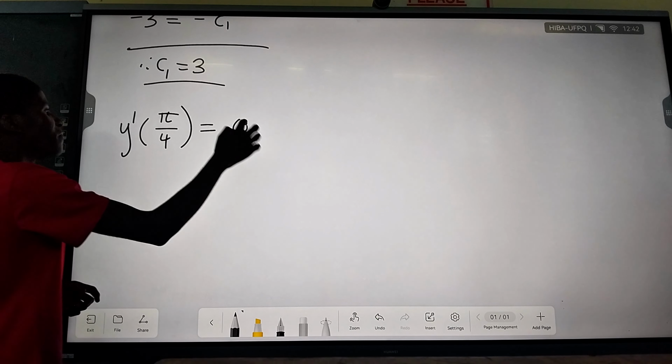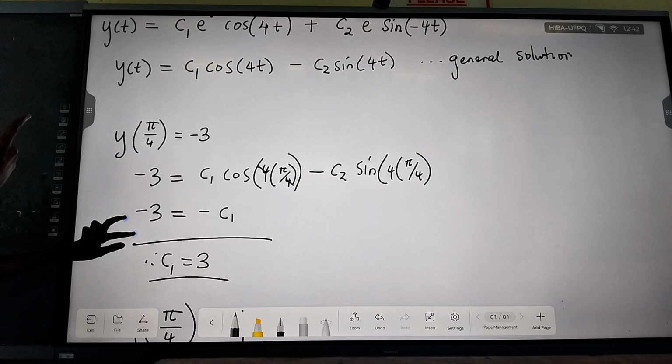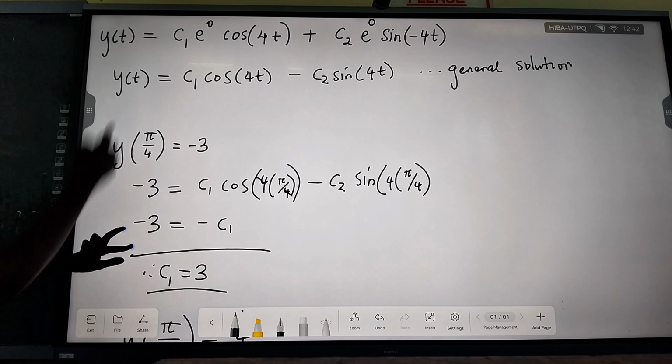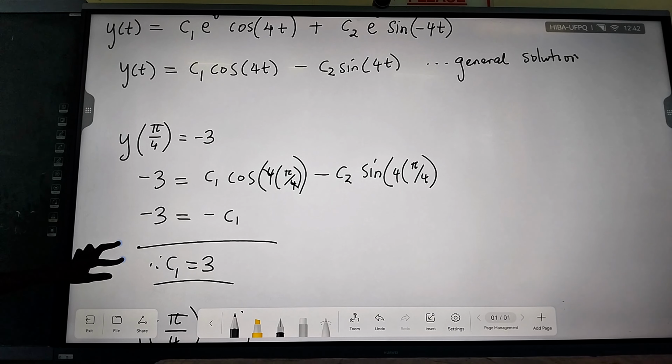If you take the derivative of the equation with respect to t, y prime of t, and differentiate the first part, knowing c1 is 3, this gives minus 12t sine of 4t. Remember the value of c1 is 3, I substituted it quickly in my head.